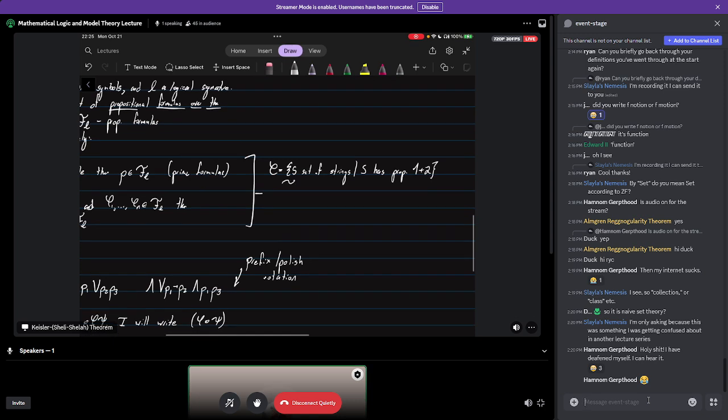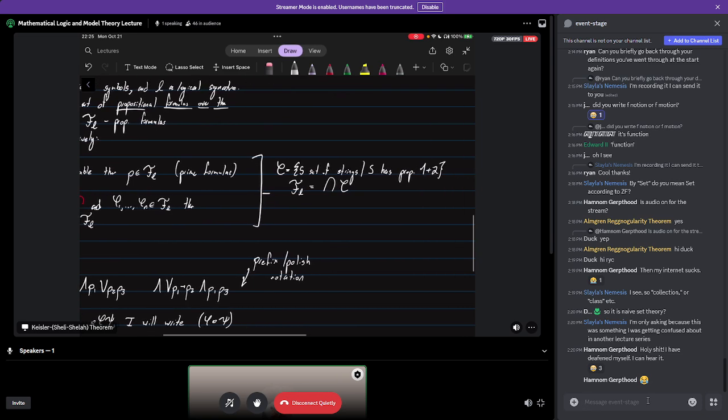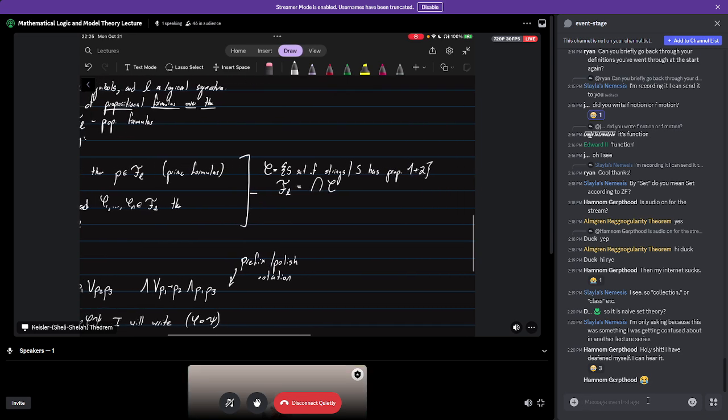And then I'm simply going to define F of L to be equal to the intersection of C. This obviously is going to be the smallest; it's going to be smaller than all the sets in C. And it also is going to have these two properties. I'm going to leave the proof that it has these two properties to you as an exercise.